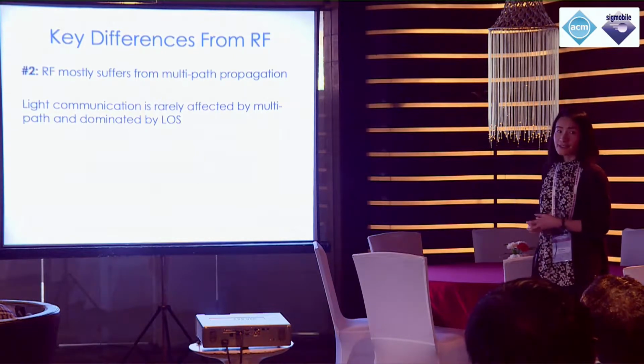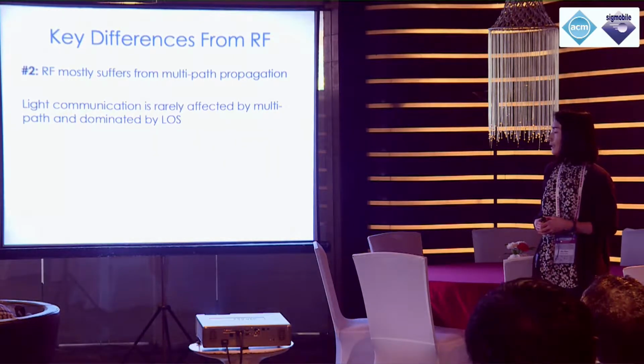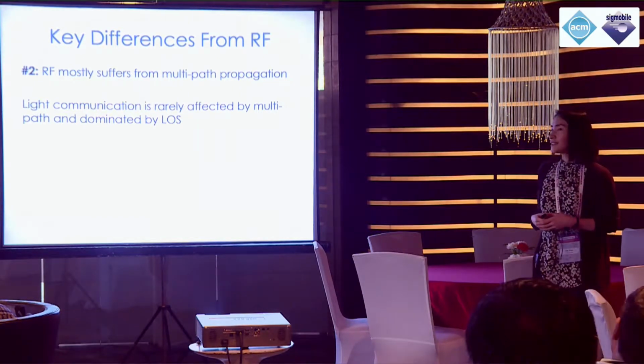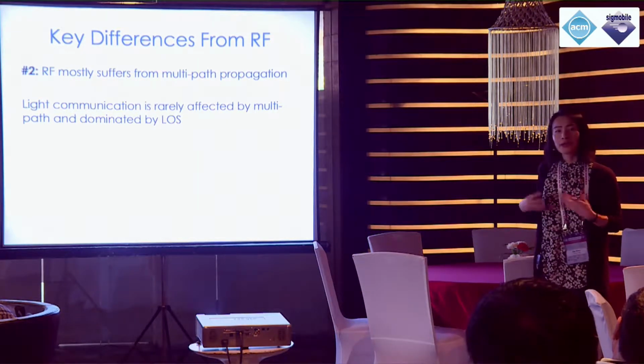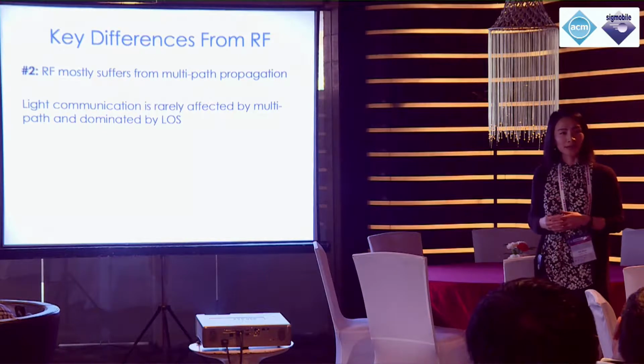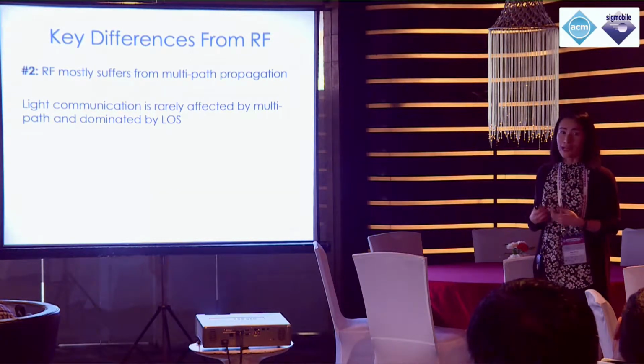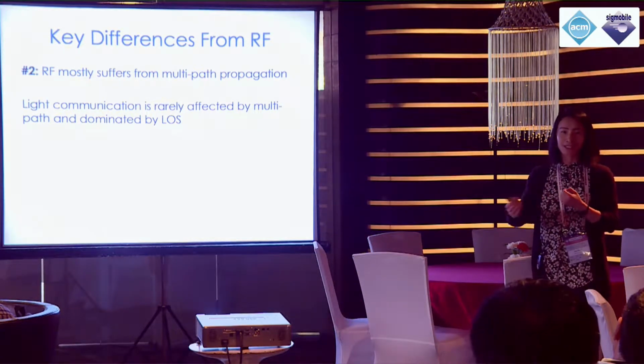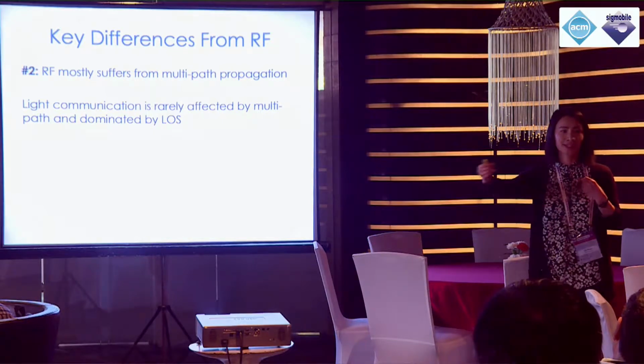Another difference in comparison to RF is that in RF communication, you typically need to worry about multipath propagation, right? How would that affect my reception reliability? But for light communication, it's actually much simpler, and it's mainly dominated by line of sight communication.